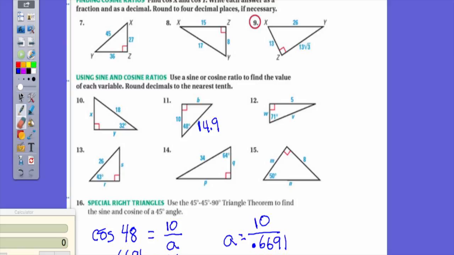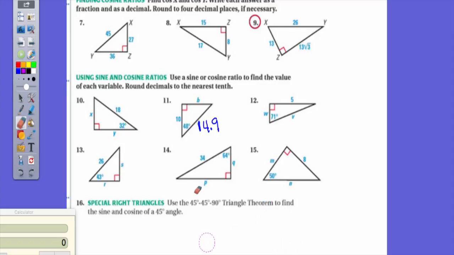Now, to find B, I would prefer you not use the hypotenuse since that's what you just found. I'd prefer you go back to what you have. So B over 10. What trig ratio are you using? Even though they say use sine or cosine, when you set this up as B over 10, what are you using?